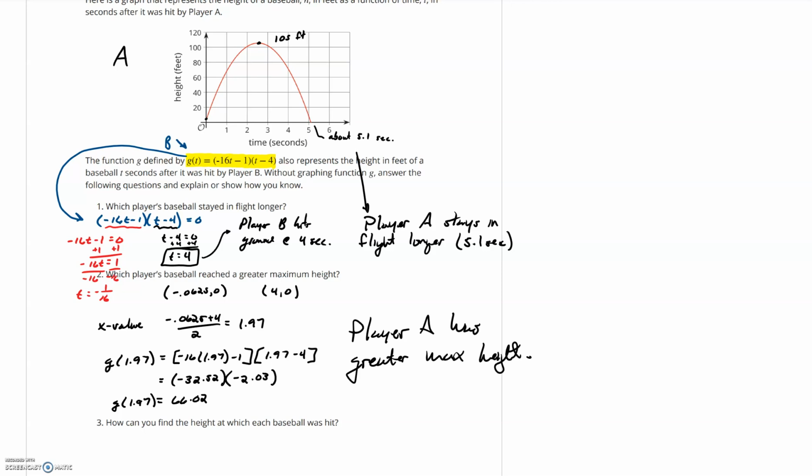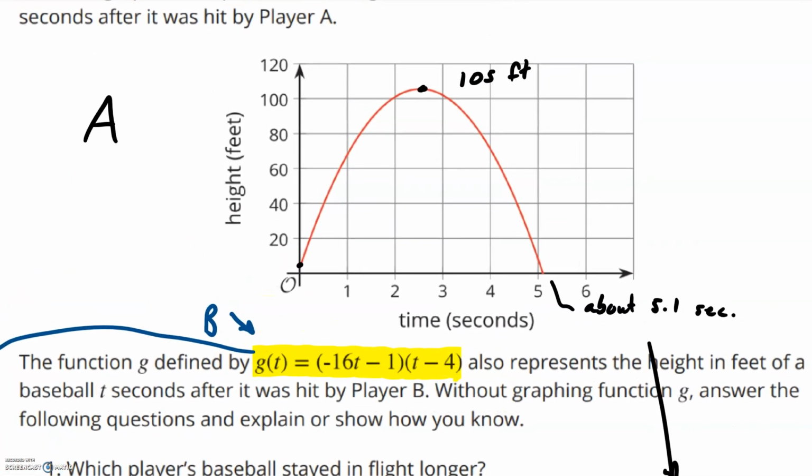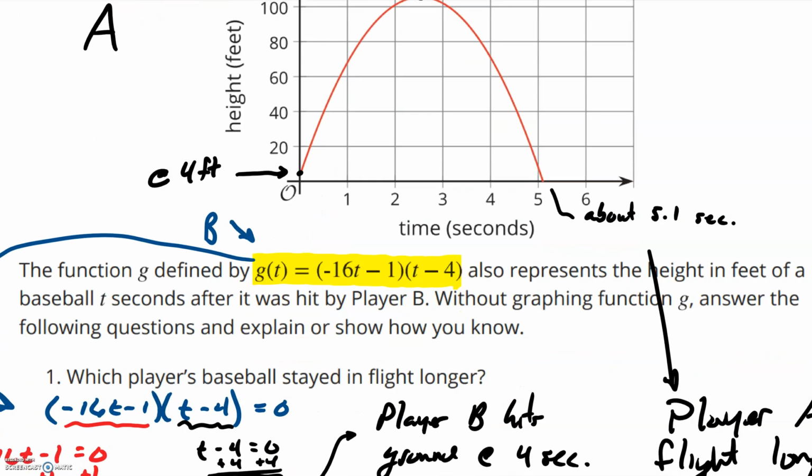Now, how can we find the height at which each baseball was hit? Well, again, for player A, we just kind of guess it was hit at about 4 feet. We don't know. It might be 5, it might be 3, it might be 6, but it's around 4 feet.